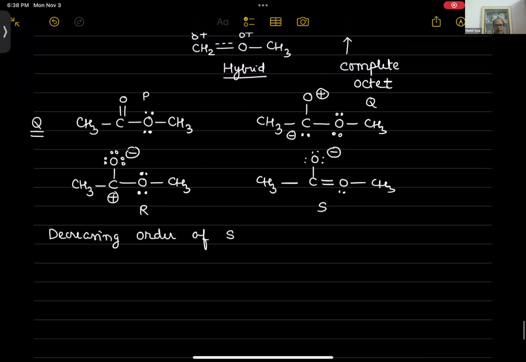So C double bond O and OH was carboxylic acid. And C double bond O, instead of OH you have O and carbon, that is ester, right? And this is methyl ethanoate. Got it?